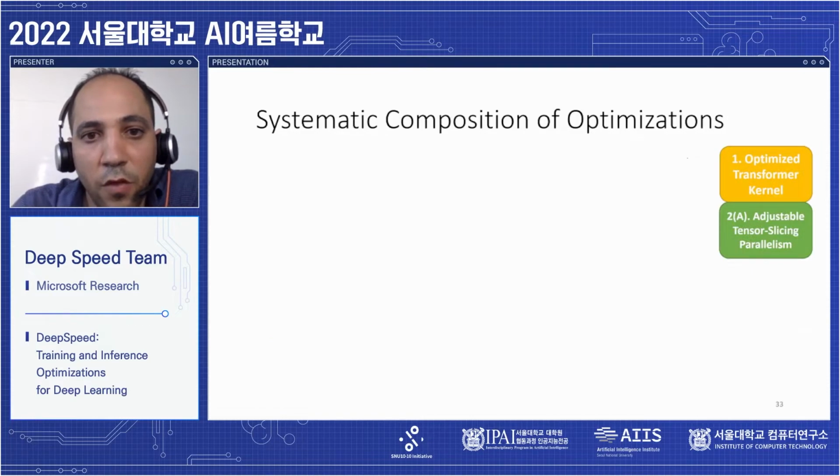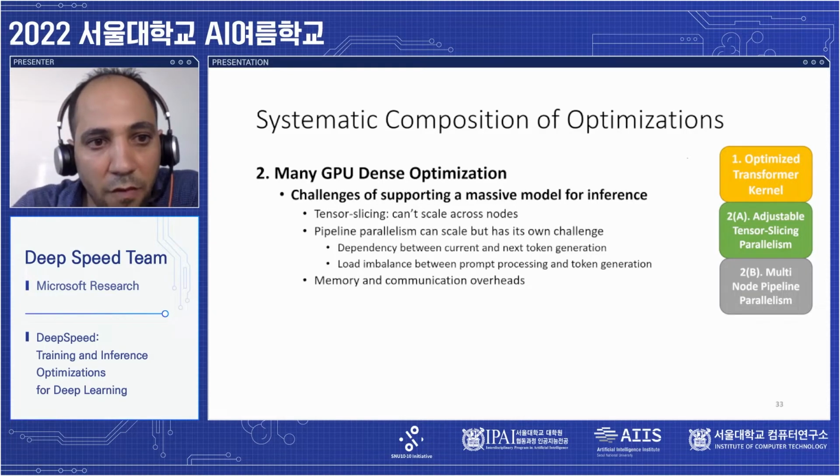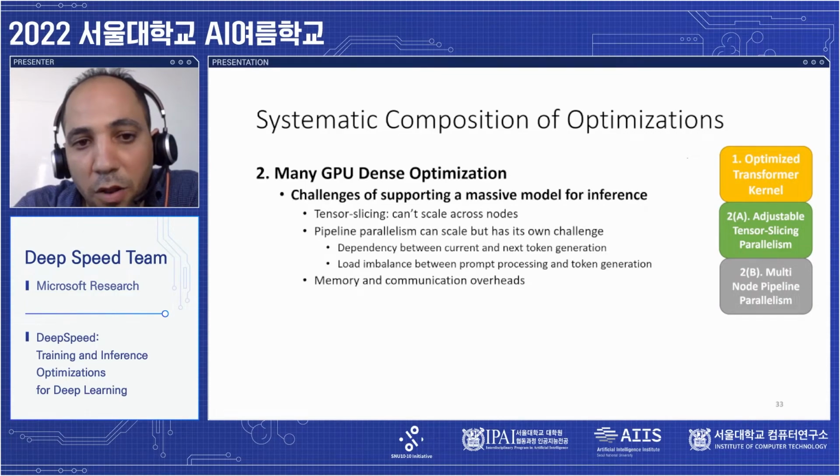Next. So as the next part of the composition of the optimization that we have in the inference system, we have the many-GPU dense optimizations for multi-node, multi-GPU systems.